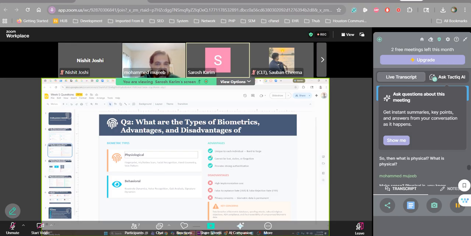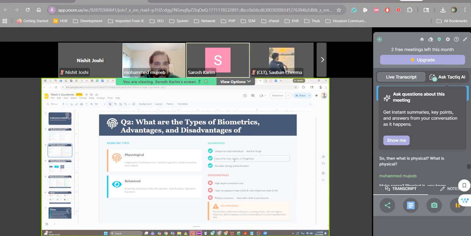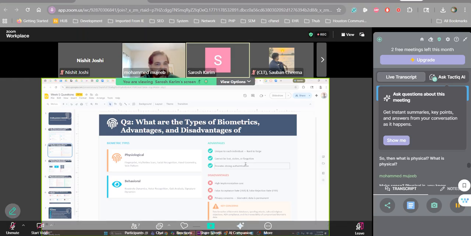All these are basically unique to each individual. Fingerprint is unique and widely used, retina is also unique, facial is also very unique. So this is unique to each individual and hard to forge. It cannot be lost, stolen, or forgotten, and it provides strong authentication.